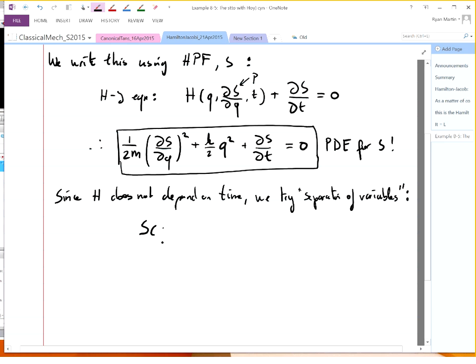So let's try a solution where we write our function S (oops, I said I wouldn't put any i's in there), so our function S depends on Q, some constant alpha which we haven't determined yet, and T. Let's try writing that as Hamilton's characteristic function W of Q and alpha, and then minus, let's say, alpha T. Okay?